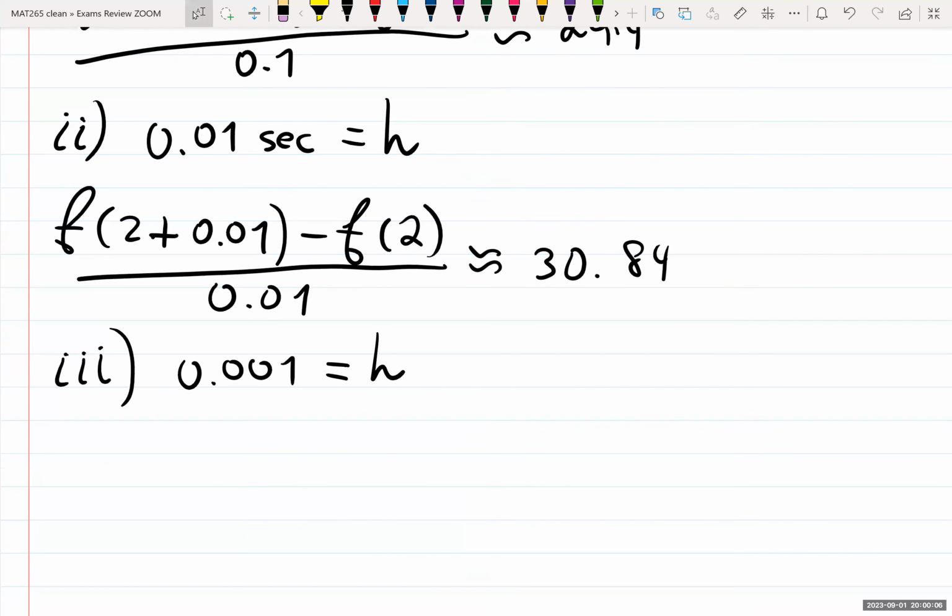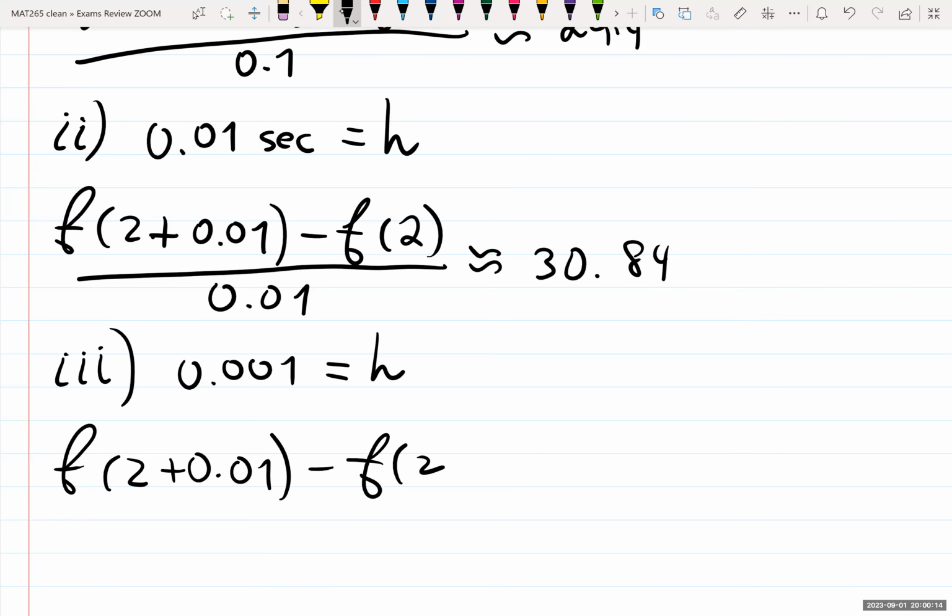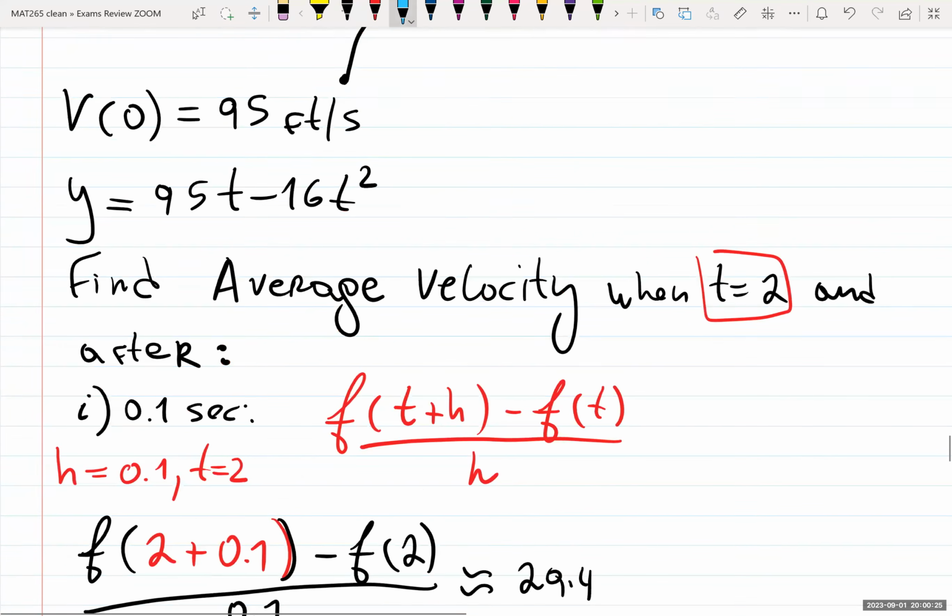Where is it all going? Did you know how I got those numbers? I should have asked. I'm plugging all of these numbers into the function. The 2 is always the same, so you just calculate once. They gave it as y, but actually it's f of t, which is more professional.